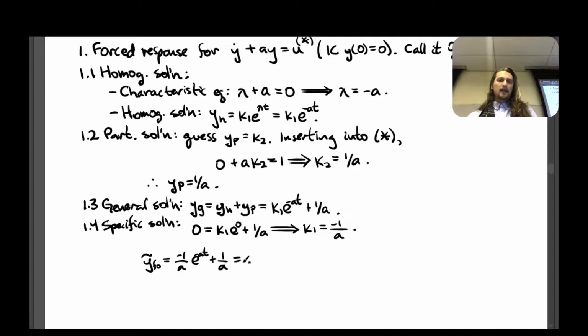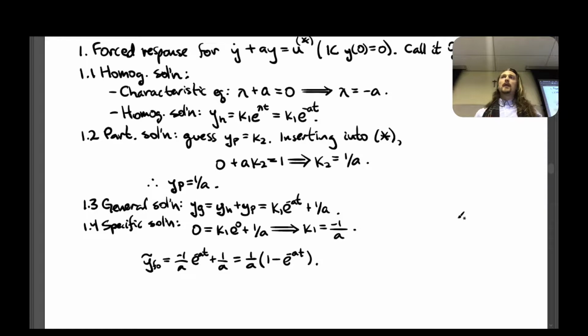We recognize that this could be easily simplified by factoring out 1 over a, so that we have 1 minus e to the minus a t. And that's good. So we've got our forced solution just to the input.